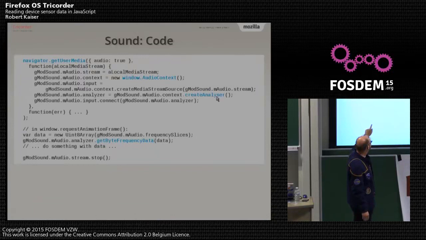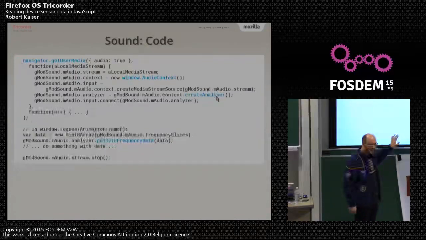What you still need to do is, in my case, I'm displaying it graphically, so I'm doing a loop with requestAnimationFrame so that every time we are able to display a frame, we are calling this function to actually display something. And in there, we create a fixed typed array in this case, and this is a C-inspired API.